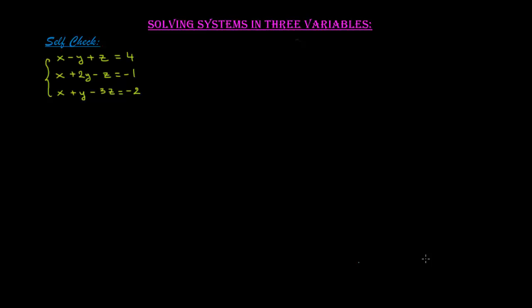We have the system: x minus y plus z equal to 4, x plus 2y minus z equal to negative 1, x plus y minus 3z equal to negative 2.